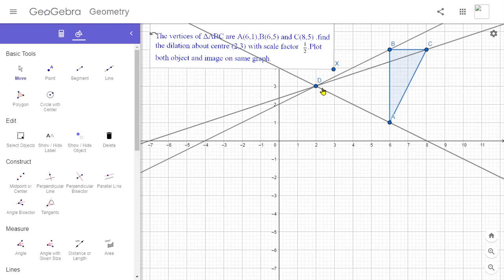For example, let's say DA is 6 centimeters, and half of 6 centimeters is 3 centimeters. So we have to move 3 centimeters from this point D along this line towards this object. Our scale factor is positive, so we have to move towards this object.